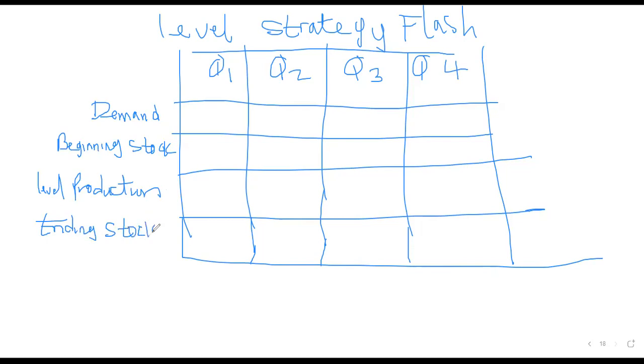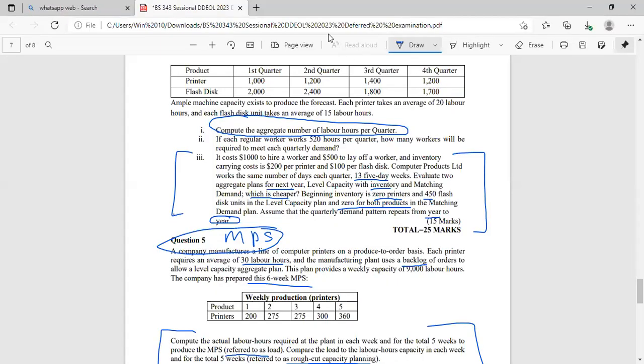Our demand for flash is 2,000, then 2,400, 1,800 and 1,700. The beginning stock, we've been told in the question, for the flash is 450.